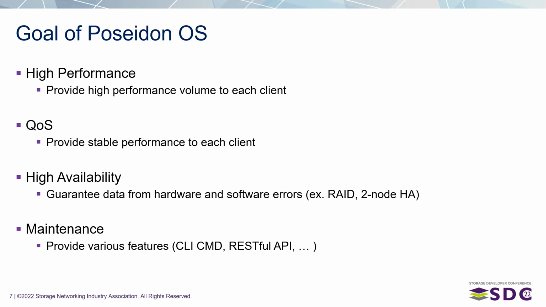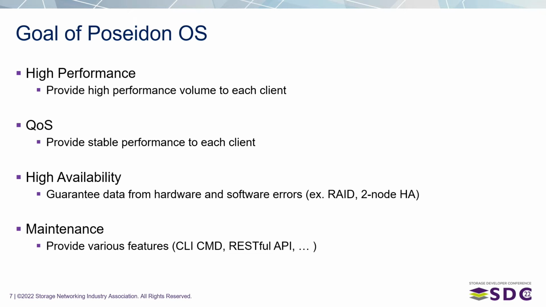Let's look at some of the goals of the Poseidon OS. The goal of POS is to provide high performance at volume level for each of its clients. QoS, or quality of service, is provided in the form of stable performance for each client at a volume level, since all the SSDs are managed with RAID. It is a highly available system.